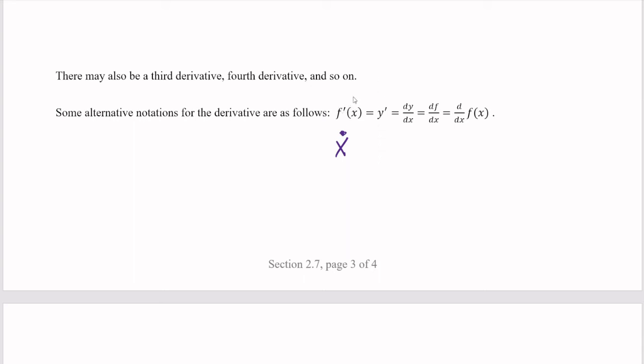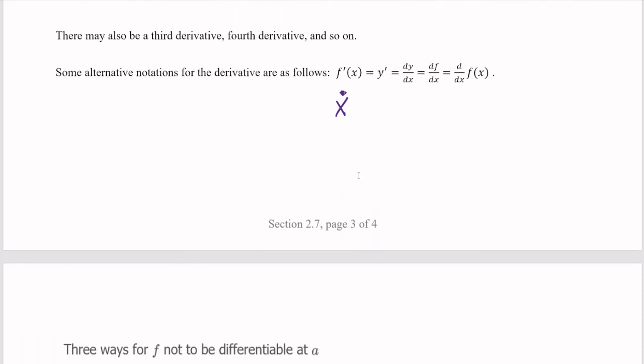But we'll often use f prime, or sometimes if we're talking about a function, we say y equals some function, we'll say y prime. dy/dx is another common one. df/dx if you're talking about a function f, not labeling it y. And then another notation here is d/dx of f of x. So these are many different notations. Again, you may see more. You just have to be careful when you're reading something to pay attention to that notation. And if it's a little different, see if it's defined anywhere.